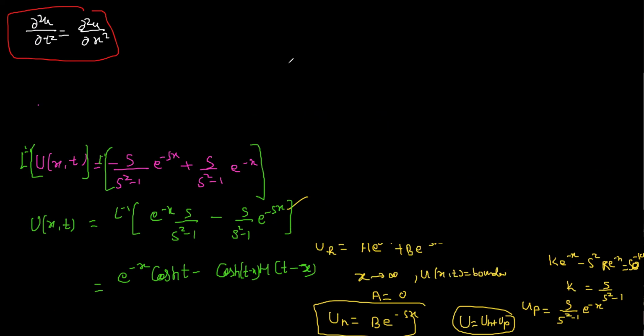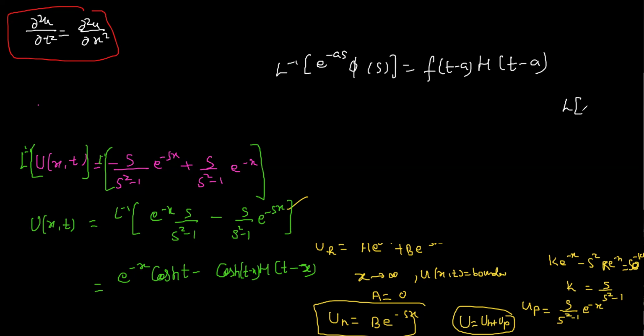I write here Laplace inverse of e raised to minus as pi s is nothing but h t minus a f of t minus a. What is f of t? Laplace of pi s is f of t.